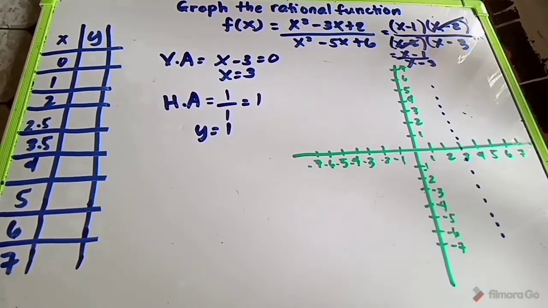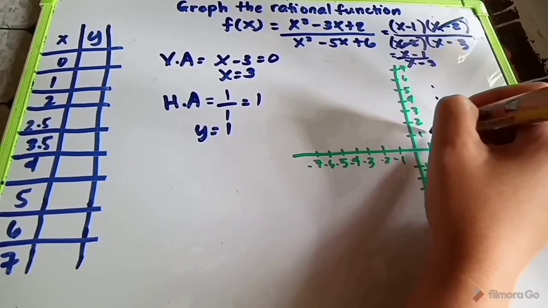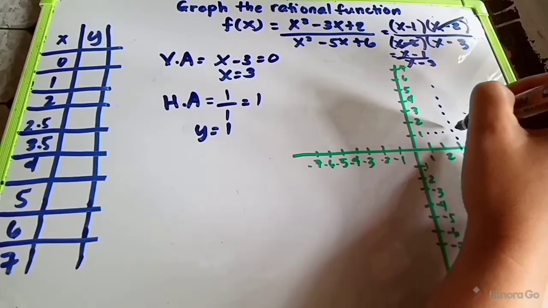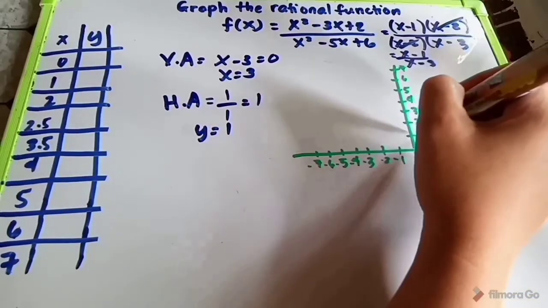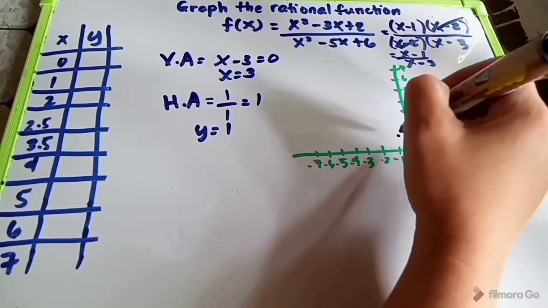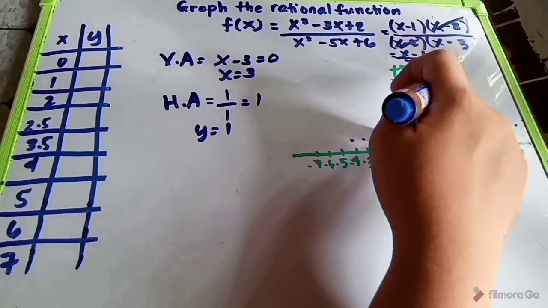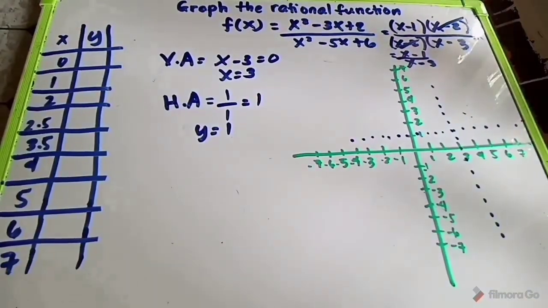So we have 1 here, right? This is our 1. So we will draw an imaginary horizontal asymptote. So this will be our horizontal asymptote.